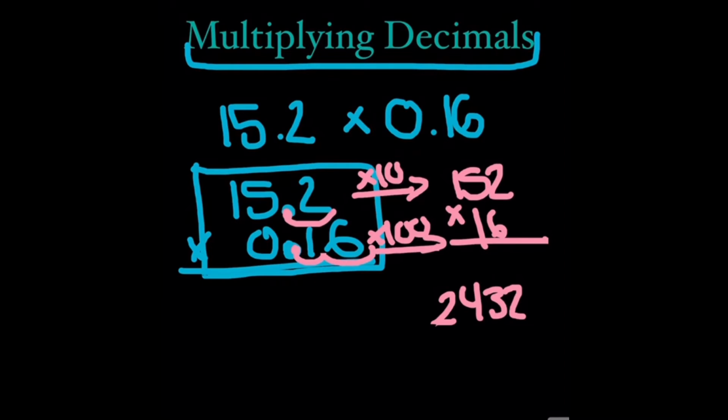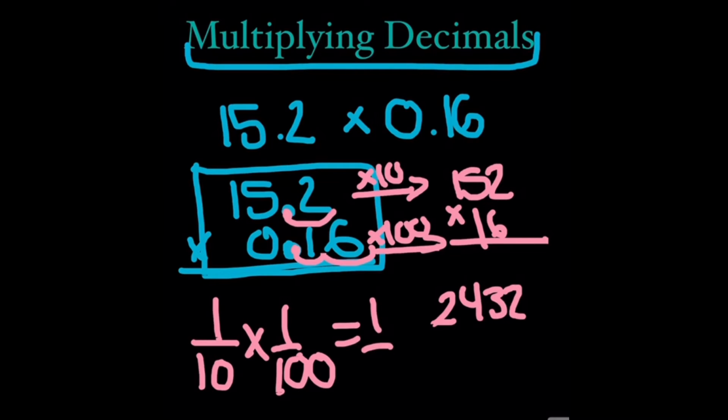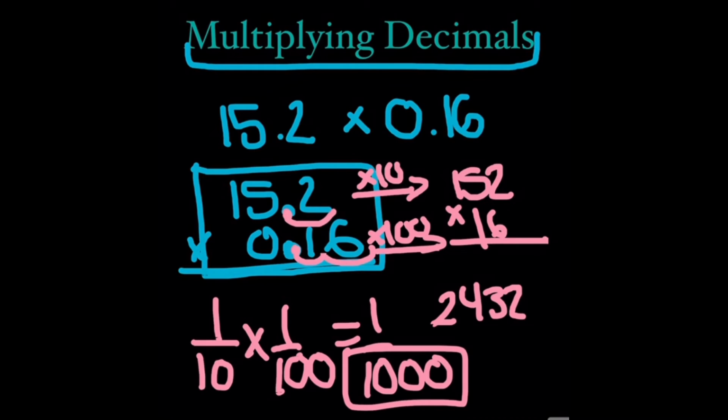Now we timesed this one by 10 and this one by 100. So 10 times 100 is equal to 1,000. So we timesed it by 1,000. What does this fraction bar mean? This really means that you're dividing.